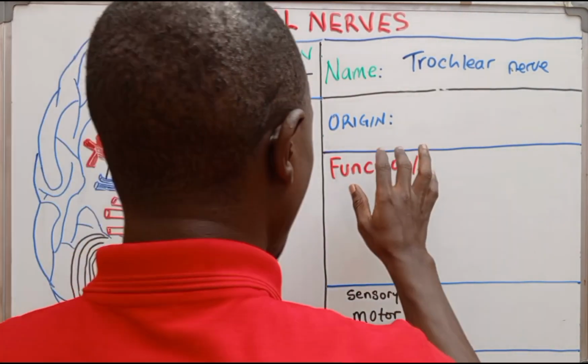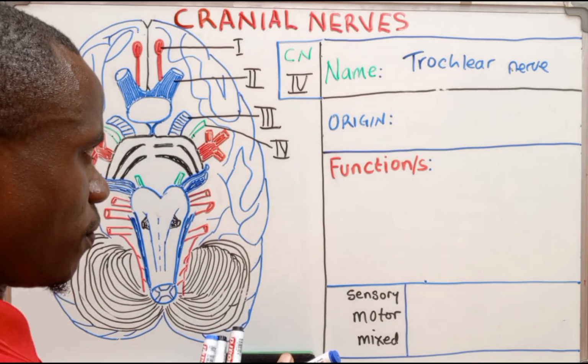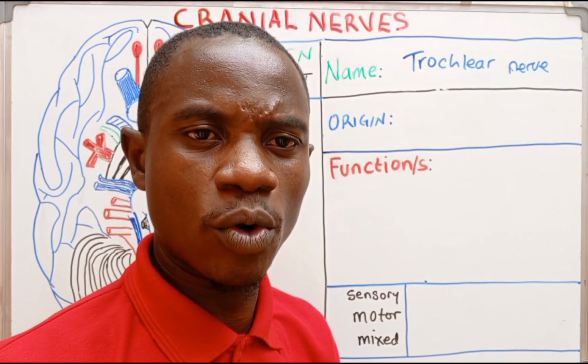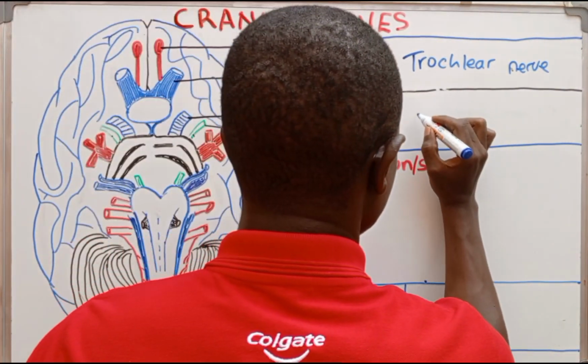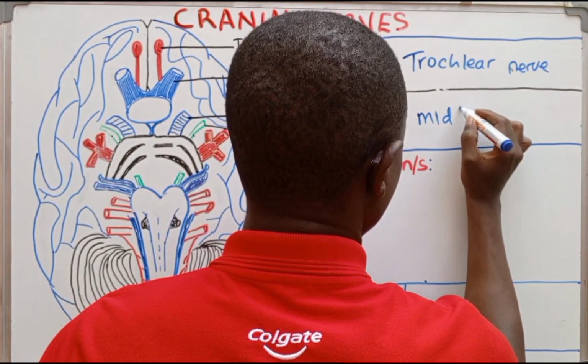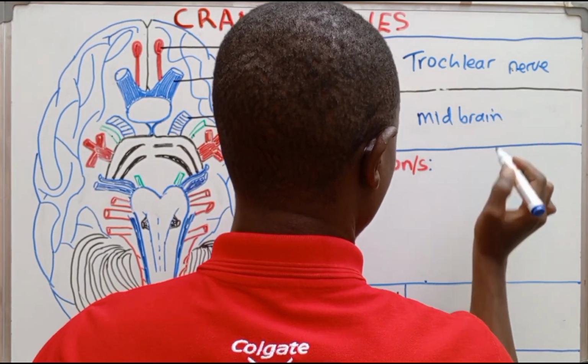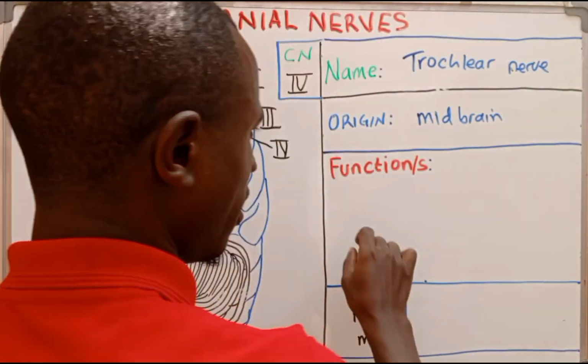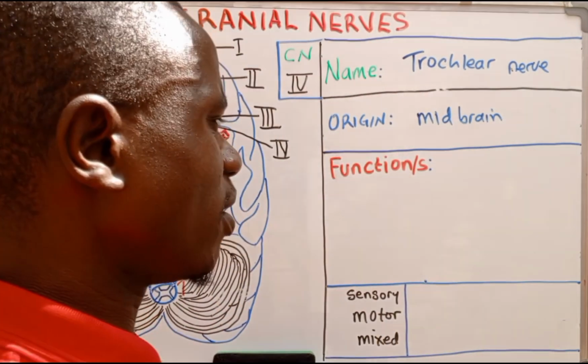Okay, where do you think is going to be the origin of this trochlear nerve? Same thing. Okay, it's going to be coming from the midbrain. What do you think is going to be the function of this cranial nerve?